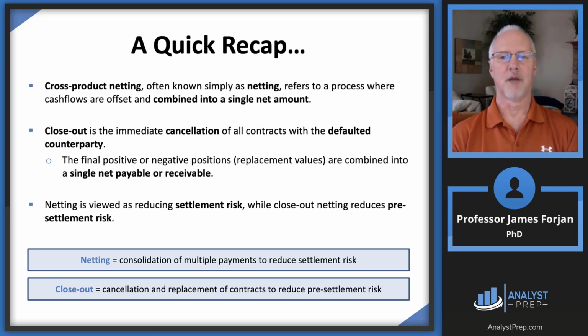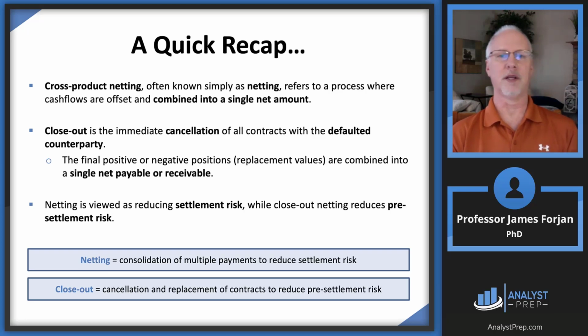Now, we spent a lot of time talking about counterparty risk, so let's go ahead and do just a quick recap here. Cross-product netting, often known simply as netting, in which cash flows are just offset, much like that example I gave you a moment ago about paying the fixed rate of interest and receiving the floating rate of interest. But then again, I said it gets a little bit interesting when there's someone nearing a default.